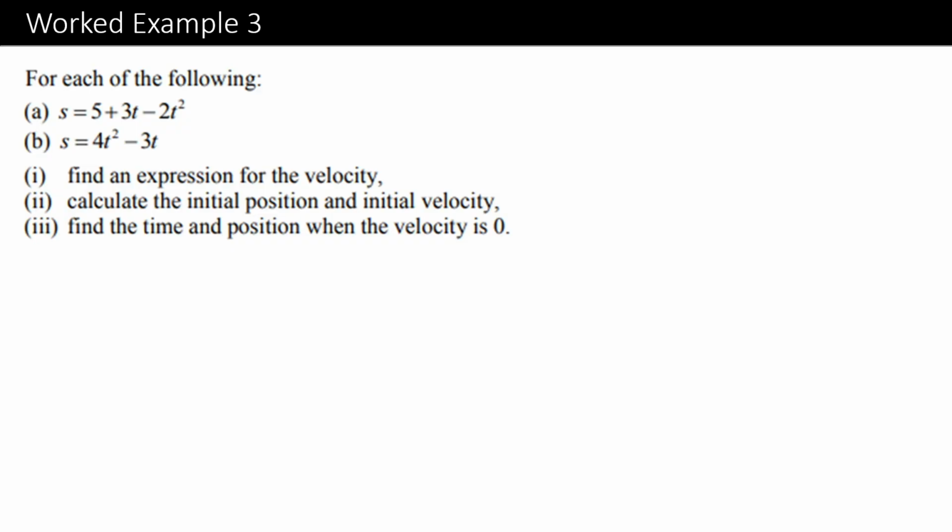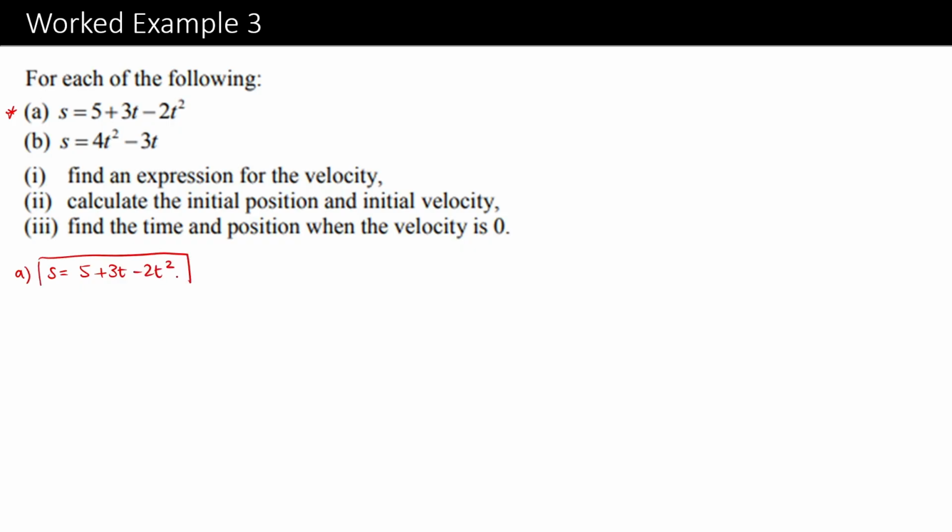So now let's have a look at our next example. It says, for each of the following, find the expression for velocity, calculate the initial position and initial velocity, and for the final part, find the time and position when velocity equals 0. So let's start with A, which I'll do in my red pen. We've got S equals 5 plus 3t minus 2t squared.